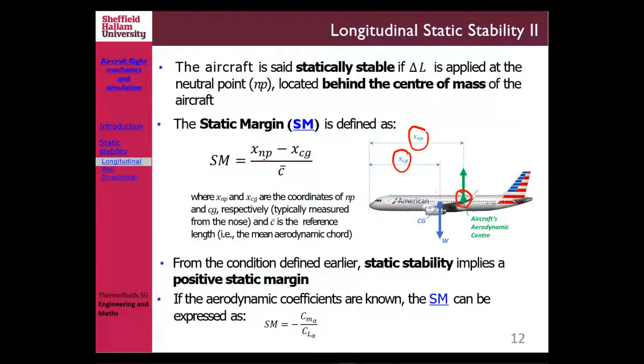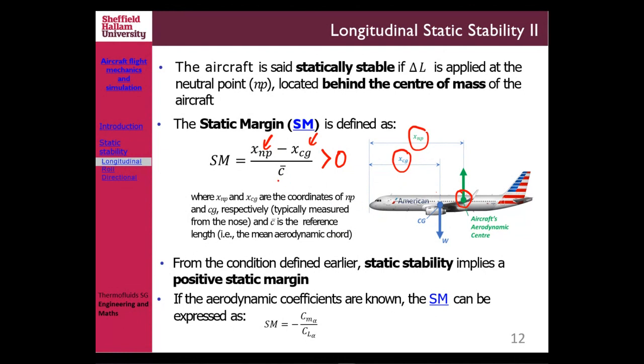So if you put that in a very simple mathematical expression, it means that x_np minus x_cg should always be positive, right? Because x_np should be greater than x_cg if you measure from the nose, right?